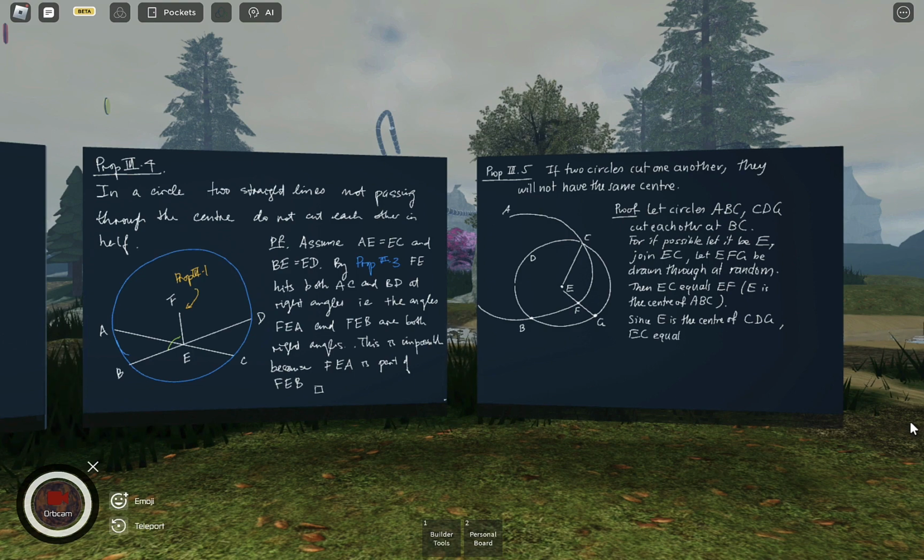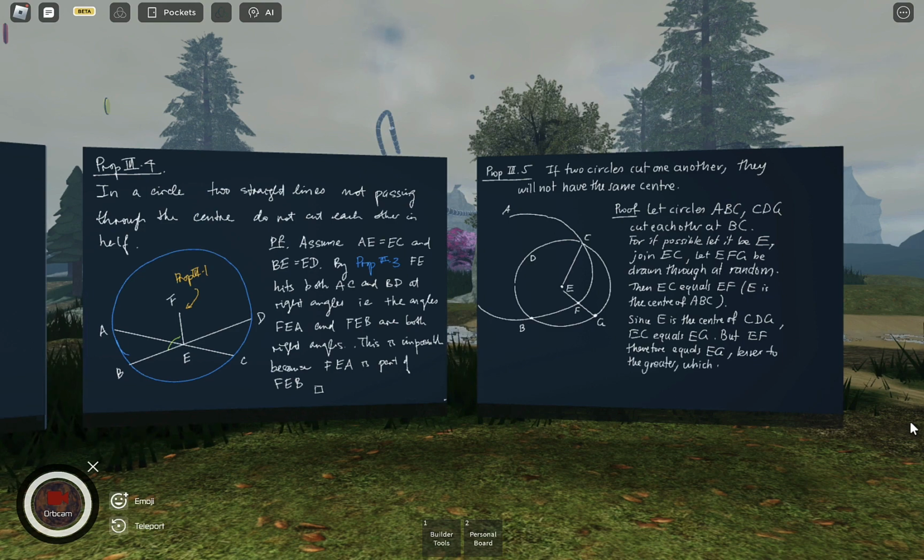Yes? But EF therefore equals EG, lesser to the greater, which is impossible.